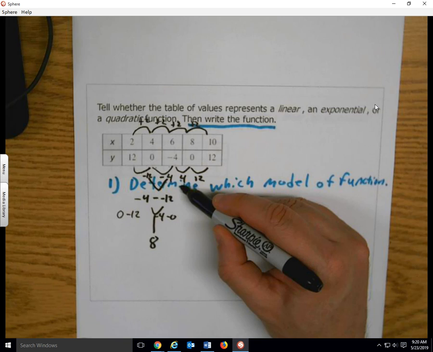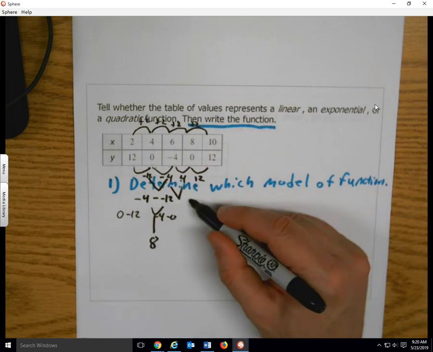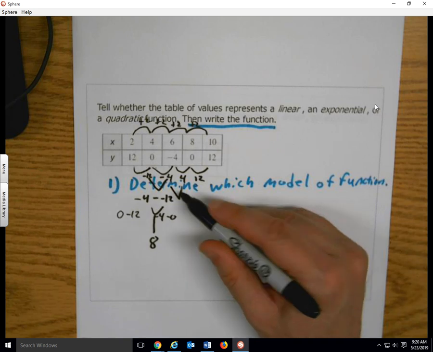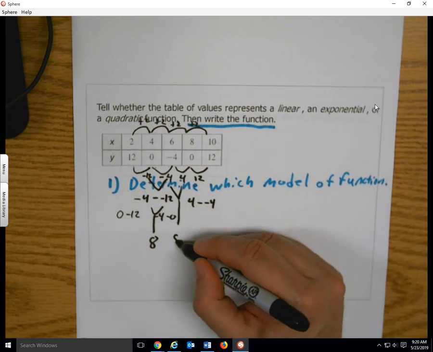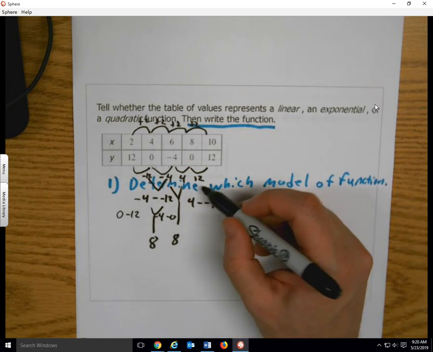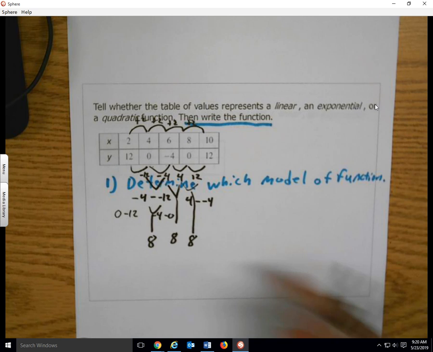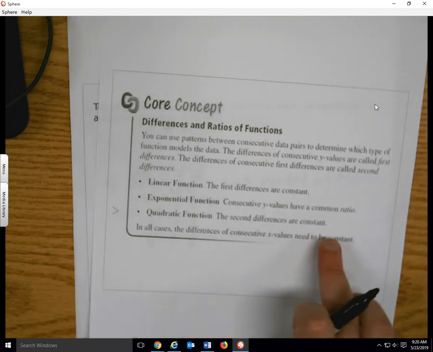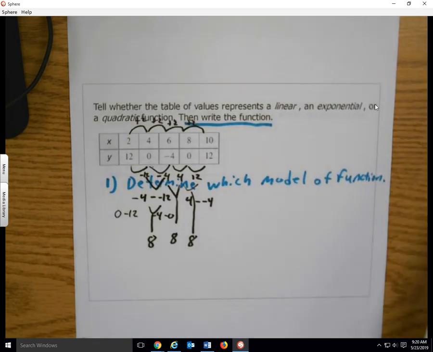Let's do it this way. 4 minus a negative 4 would also be 8. And then 12 minus 4 would also be 8. So what we see is that the second differences, the second time we subtracted, are constant. It's the same thing.